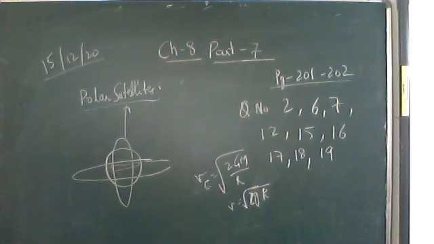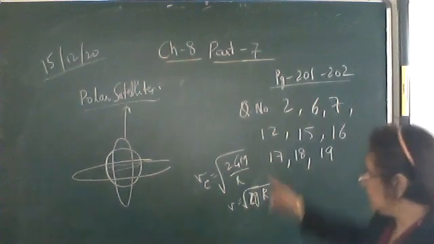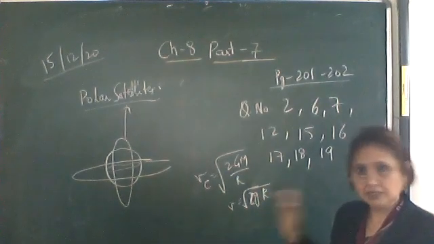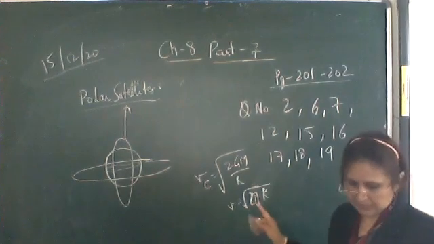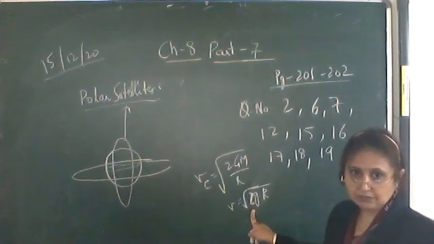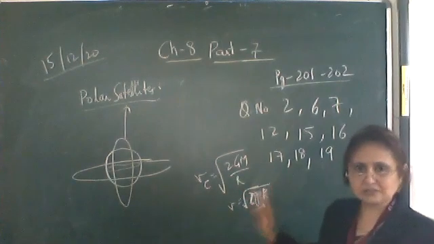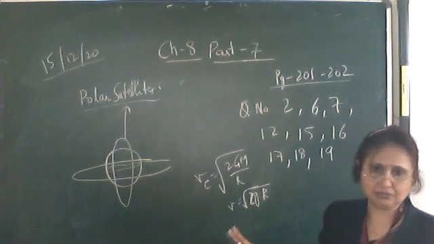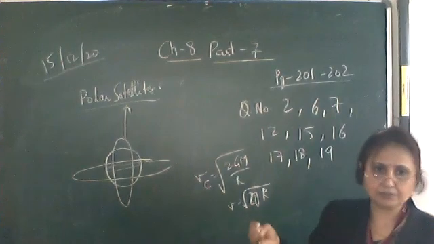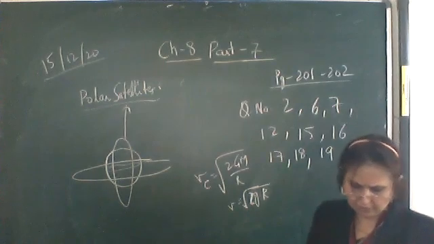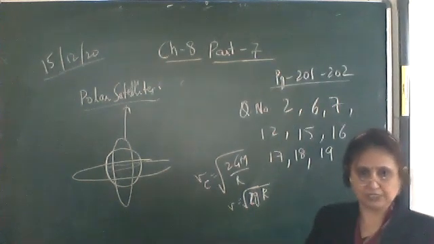B part: the first part is the mass of the body. Mass of the body is small m, which is not coming anywhere, so it does not depend upon the mass. Location on the Earth's surface: small g is taken to be constant. It slightly changes from equator to poles, but it will be considered constant. So it does not depend upon the location from where it is projected.